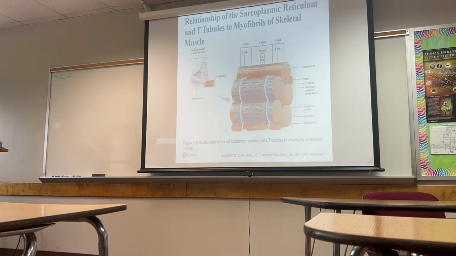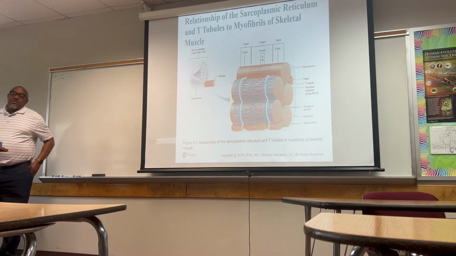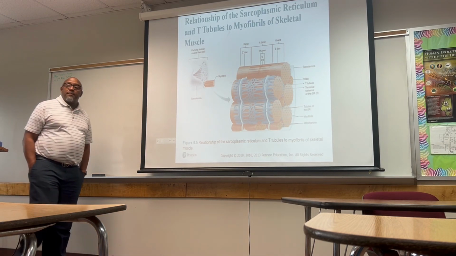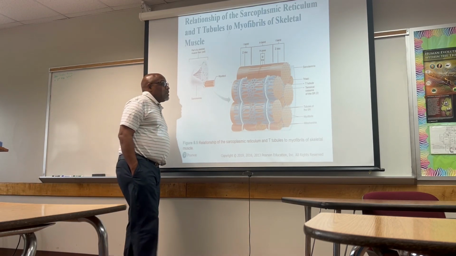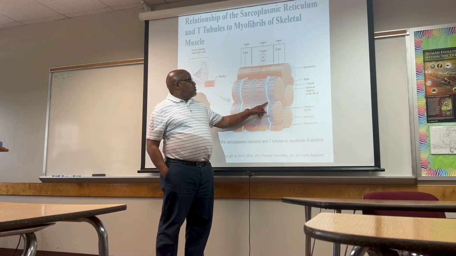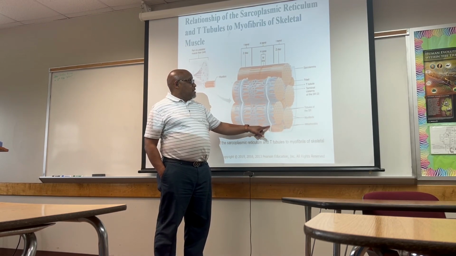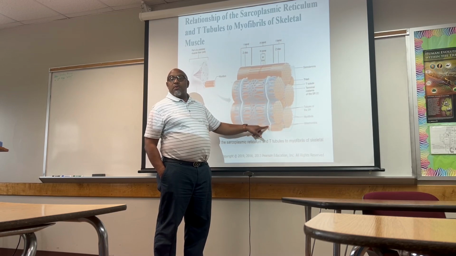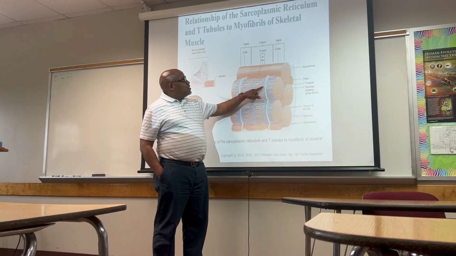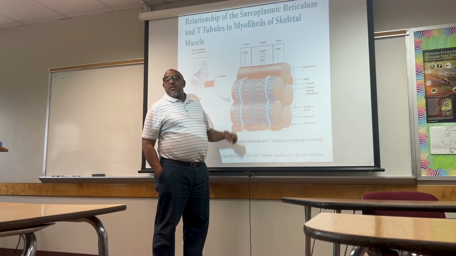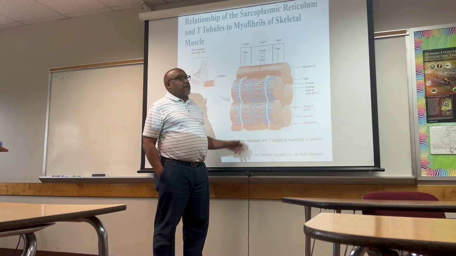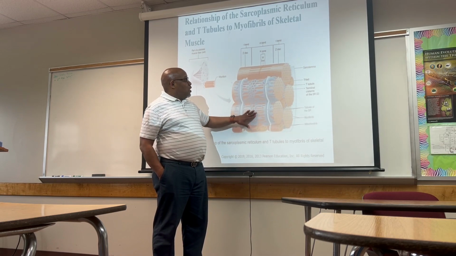I'm going to skip to the picture to show it. This is showing you a muscle. I want to show you the triad. I skipped ahead a few pictures, I'm going to back up. This gray or white tube is the T-tubule. On the edge of the T-tubule, these little blue tubes are the terminal cisterns. The terminal cisterns connect to all of this, which is the sarcoplasmic reticulum.